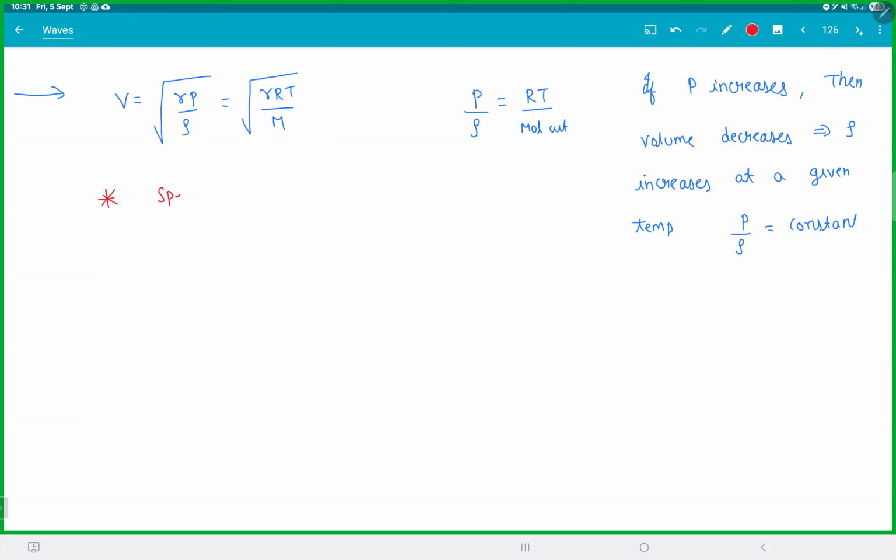Speed of sound is independent of pressure. It depends only on the temperature, again for a given gas.